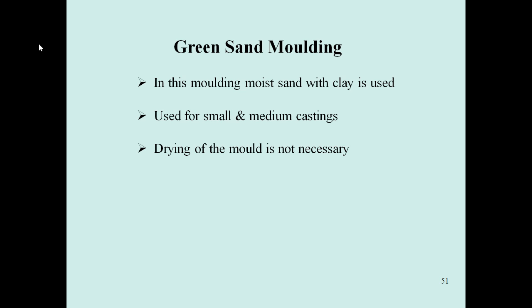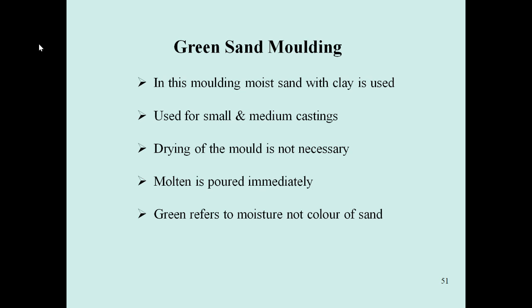Drying the mold is not necessary, so there is no need of drying the mold. Molten metal is poured immediately. Green refers to the moisture content in the sand, not the color of the sand.